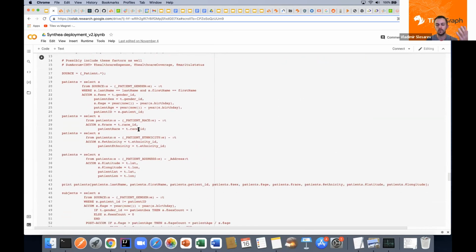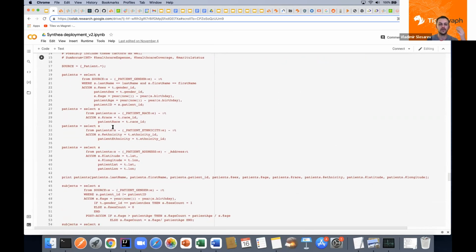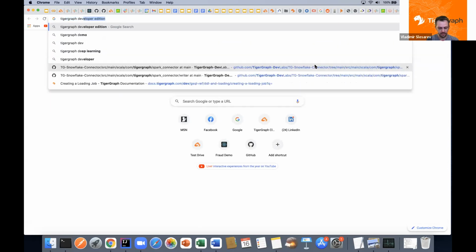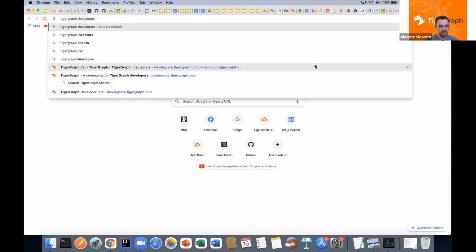And then furthermore, we work with a lot of other graph visualization libraries out there. So there's a lot of flexibility, a lot of things that can be done. And actually we have a link, I believe it's TigerGraph developers. I always forget this link.